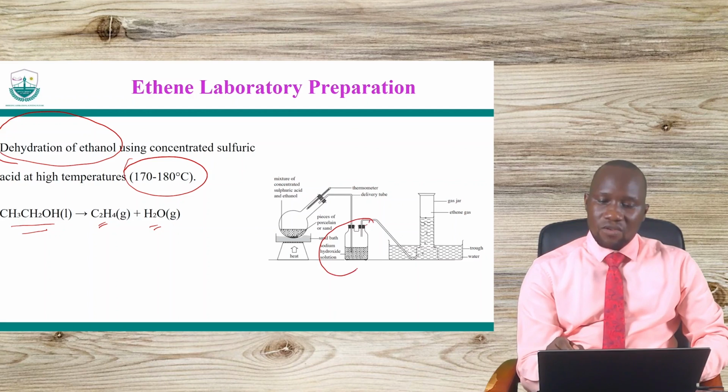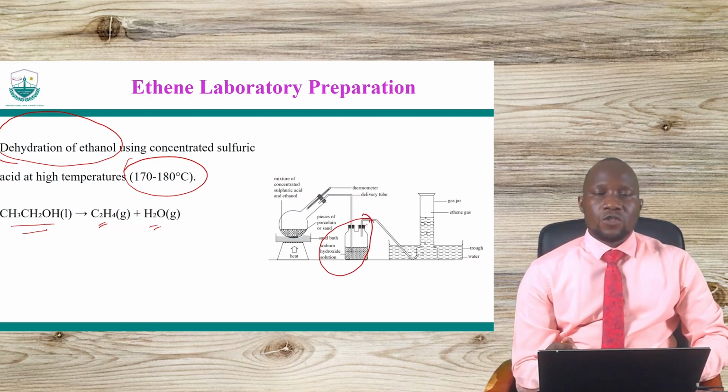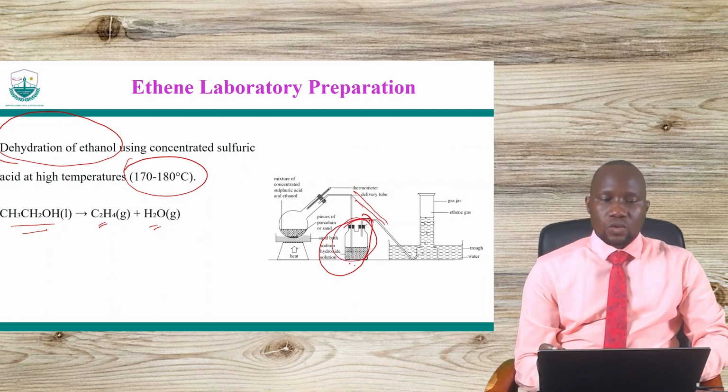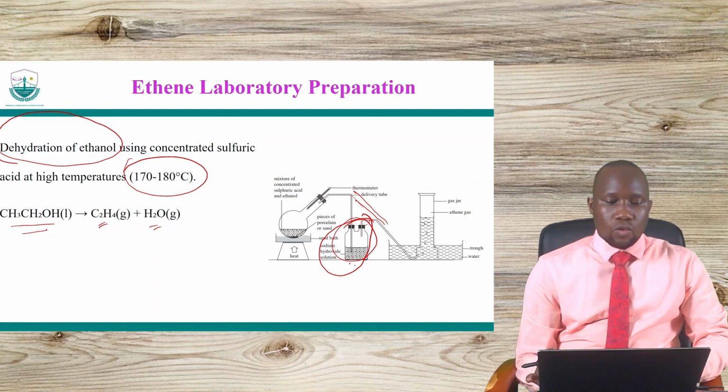The sodium hydroxide here is used to absorb any acidic impurities that can be in the ethene. It is very possible that this connection can go direct here, but if you don't want the impurities, make sure you connect to this sodium hydroxide solution in the wash bottle, right?